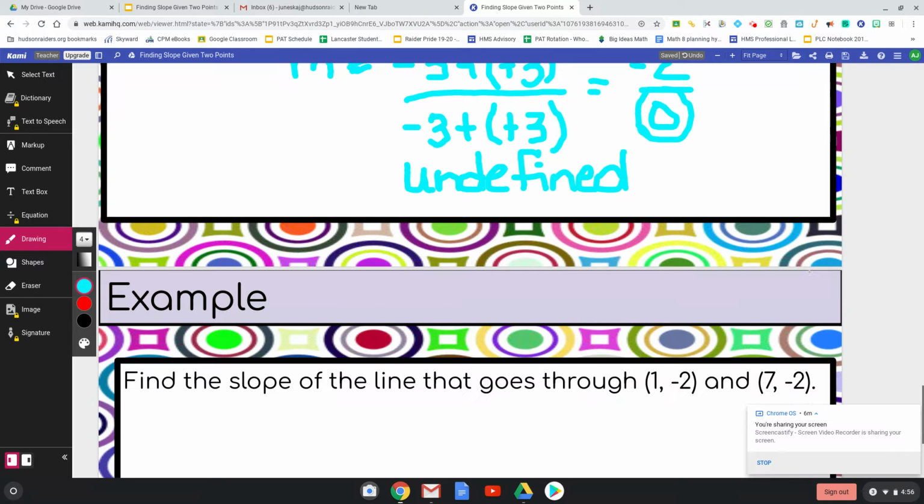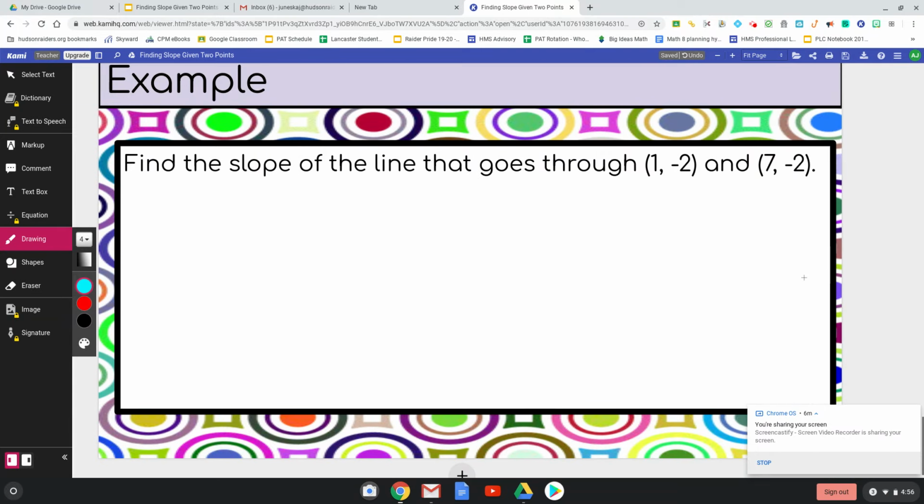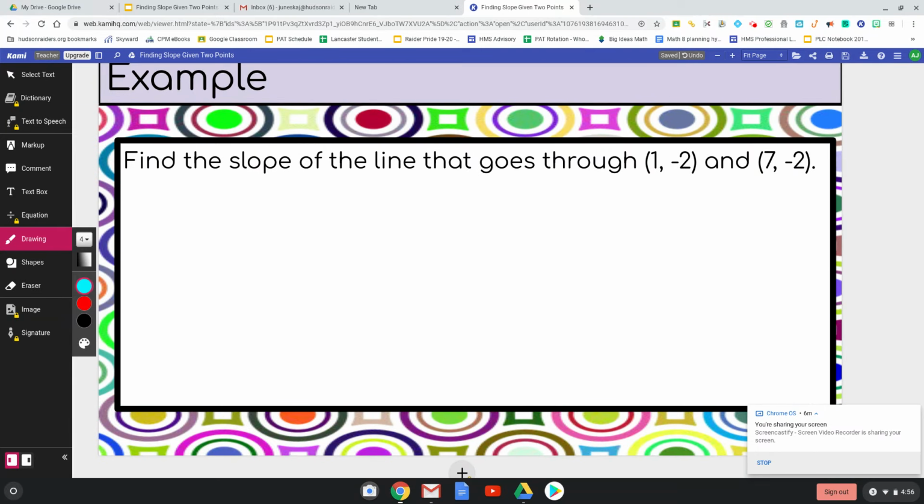Let's look at one more example. Find the slope of the line that goes through the points 1, -2, and 7, -2. This is x1, this is y1, this is our x2, this is our y2.